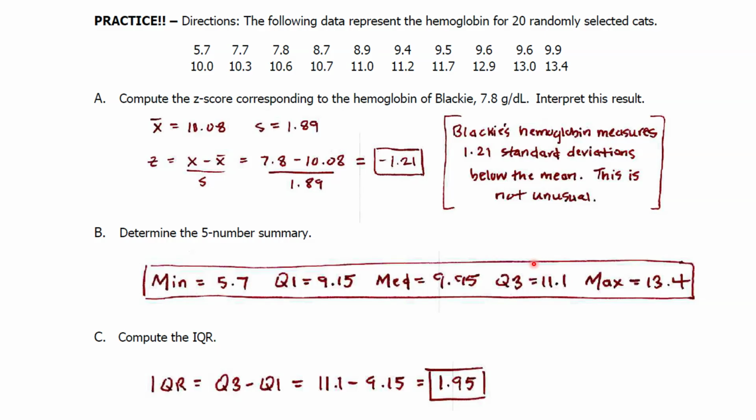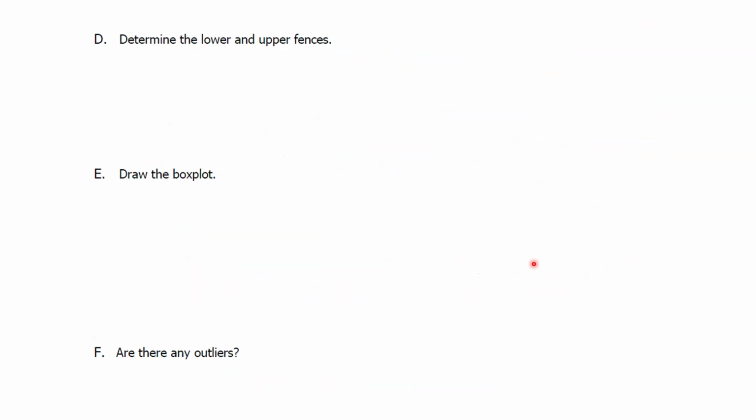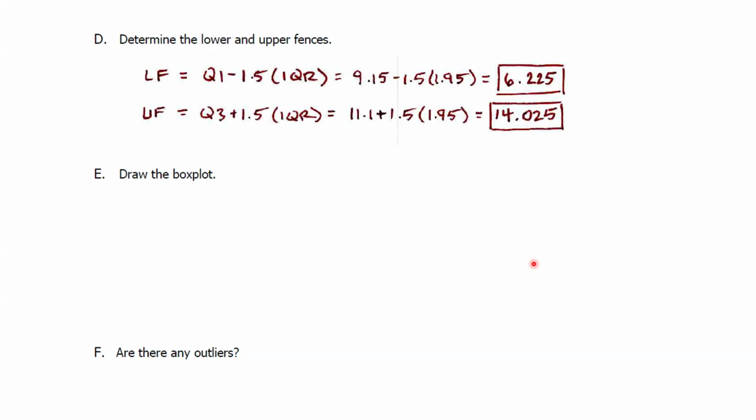Next, I'm asked to determine the lower and upper fences. So I will need my Q1, my IQR, and my Q3. Substituting those values into my formula for the lower fence, I'll get 6.225. And for the upper fence, I'll get 14.025.